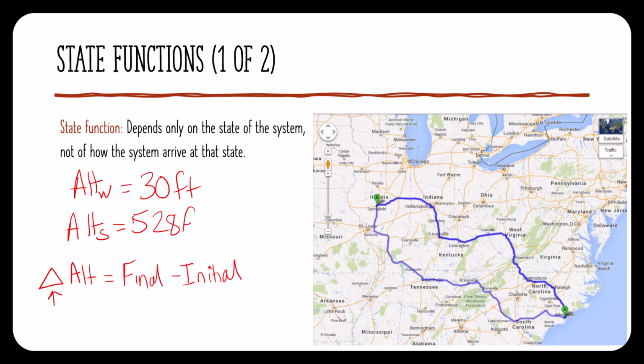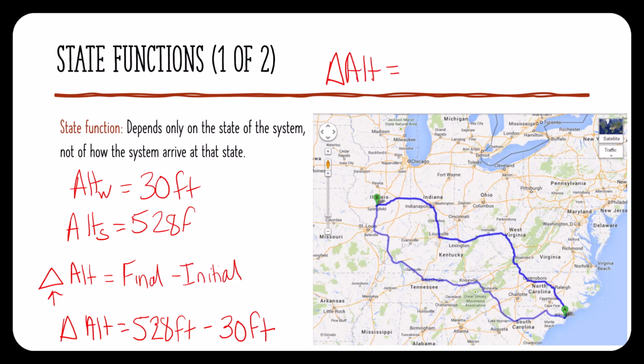Final minus initial, always. So for my change in altitude, I would take my final altitude at my destination, 528 feet, minus my initial altitude, which was 30 feet. The change in altitude would be 498.